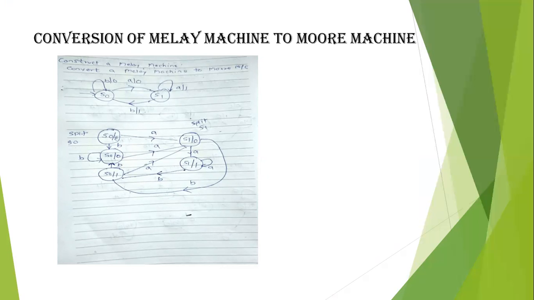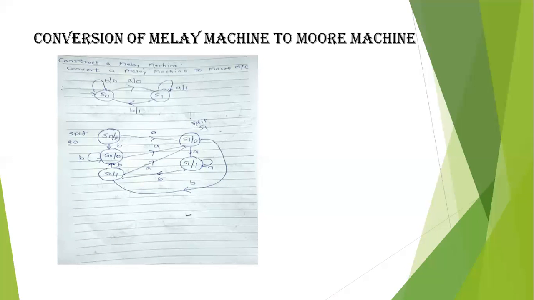As S0 is a start state, it also has an incoming arrow with input epsilon, so S0/epsilon is also one output. So we split state S0 into three parts: S0/epsilon, S0/0, S0/1.